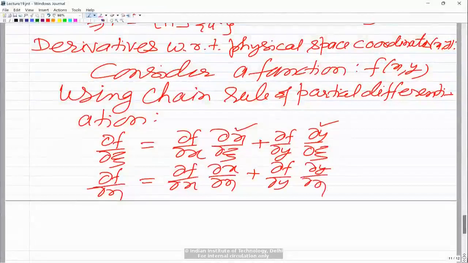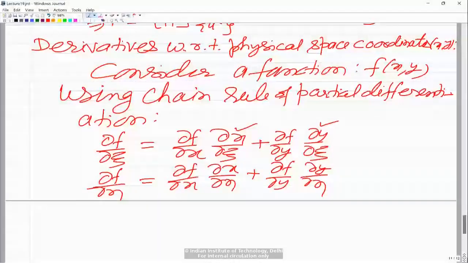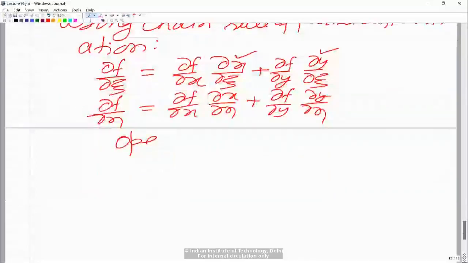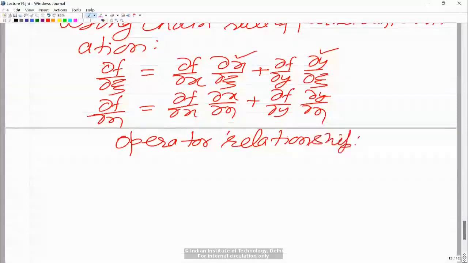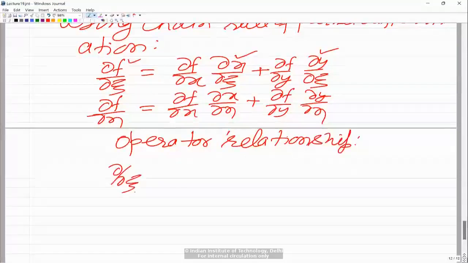Now we take out the function f and just write the operator relationship. I want to take out the function f and only write the relationship between the derivative operators with respect to xi and eta. So I will write del by del xi, and let me also write this in matrix form, and the second is del by del eta.